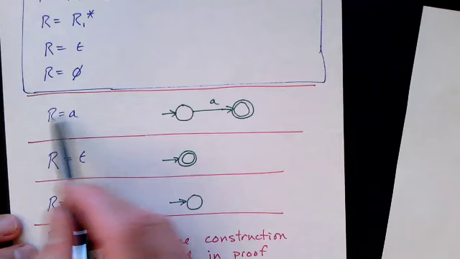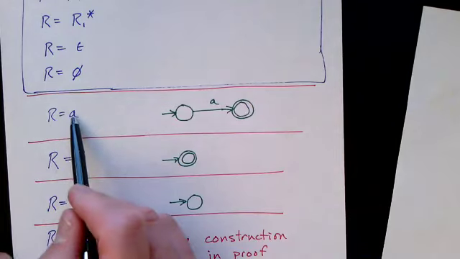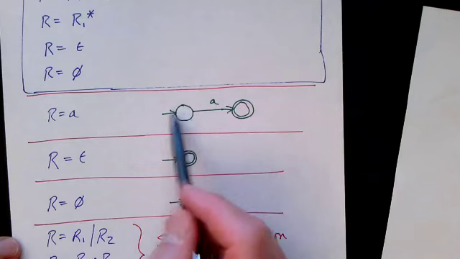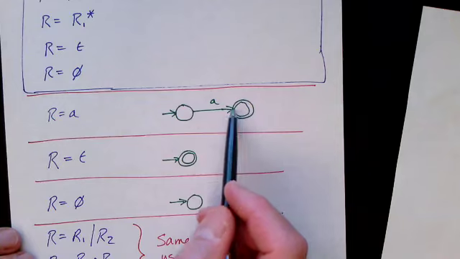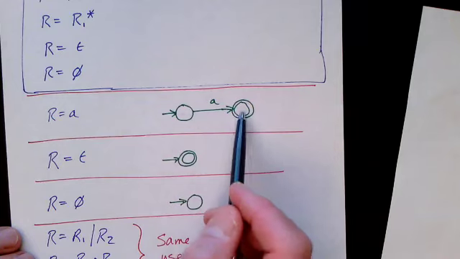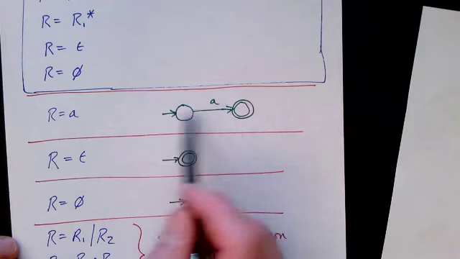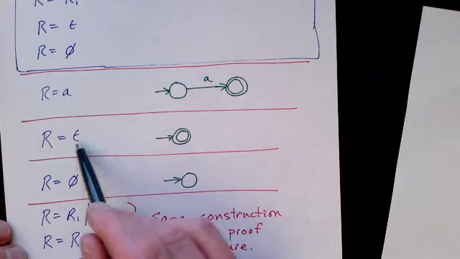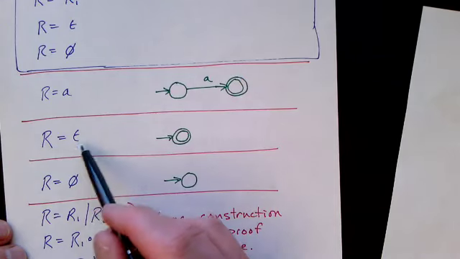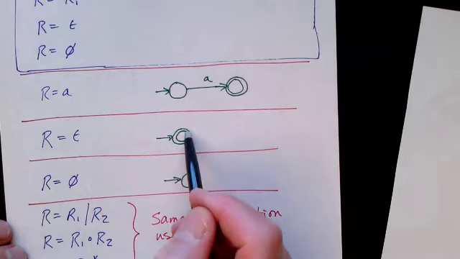If our regular expression is just a simple symbol from the alphabet, we make this non-deterministic finite state machine. Actually, it's also deterministic: a single start state, single final state, single transition. This recognizes the string A and nothing else. If the regular expression is epsilon, then we build this finite state machine.